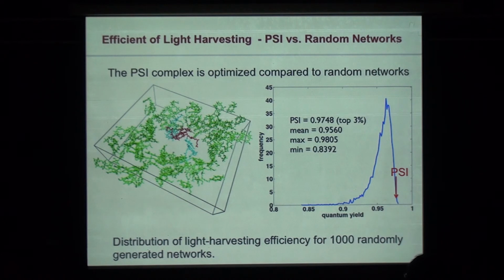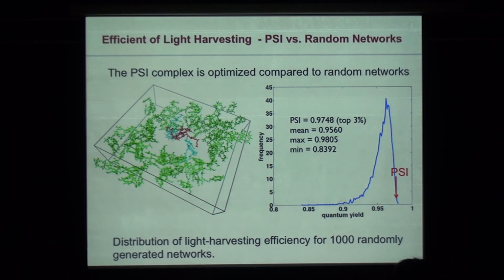So we put in 96 chlorophylls, fix the reaction center chlorophylls, and randomly put in sites in the box. With each geometry, we can calculate the rate, and then we calculate a quantum yield. So we have a quantum yield distribution of those random networks, the blue line here.